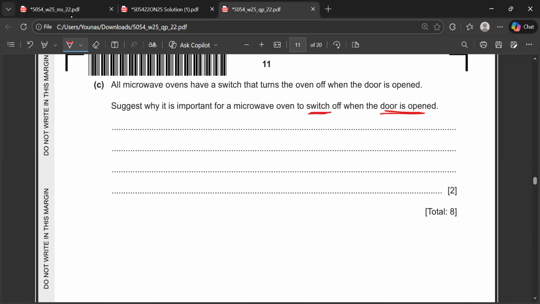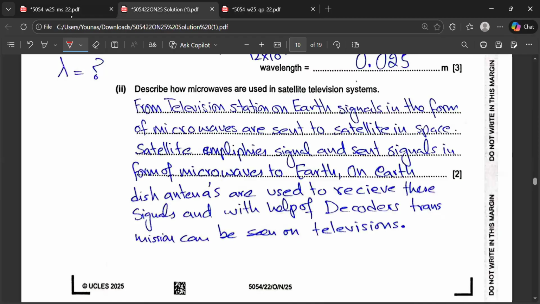If the door is open and the microwaves are still being produced in the microwave oven, any person standing near the microwave, his hands or his face will receive those microwaves. And those microwaves can increase the temperature of the cells, the tissue, the skin, and the skin will get burned, and it is very harmful.